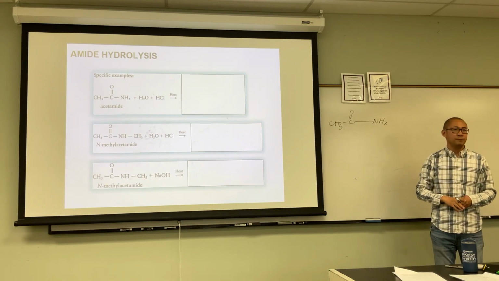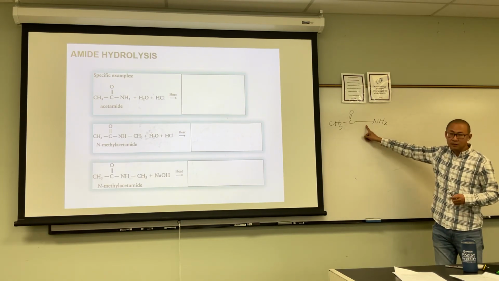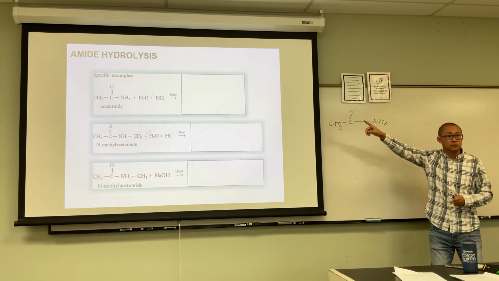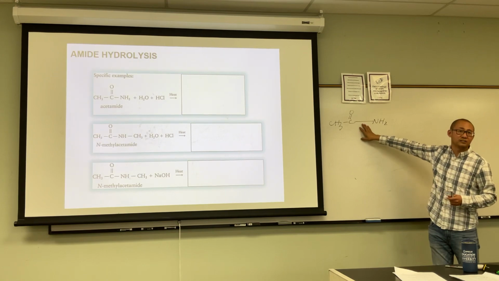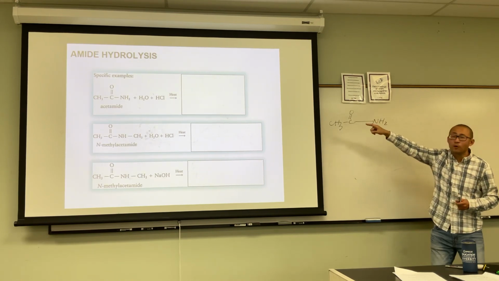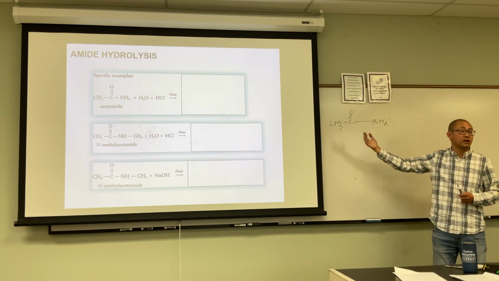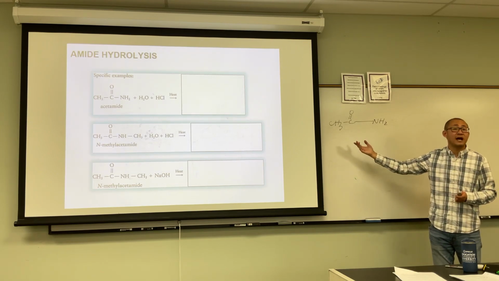Here, I copy the molecule first. I draw this amide bond a little longer than shown there. The reason is I want to break it and we'll work on that. That's why I draw it longer. You can do that too.